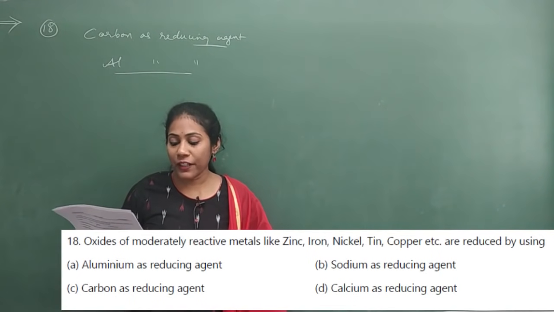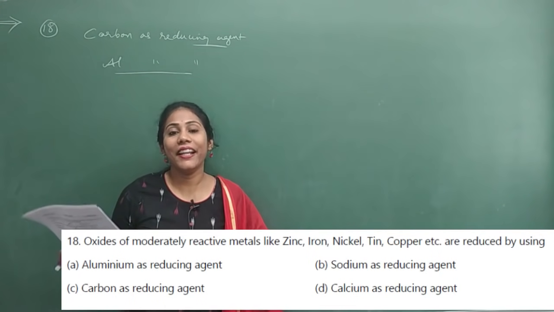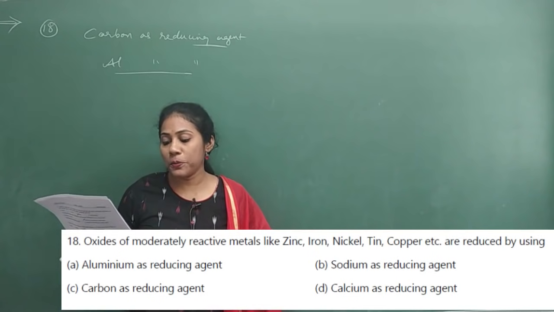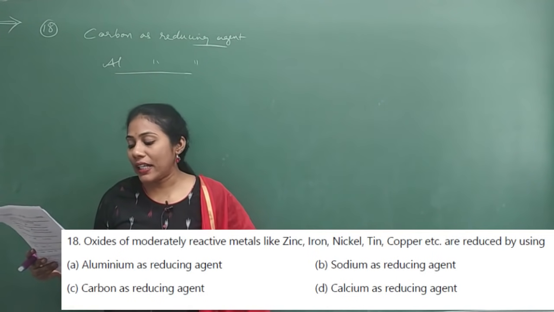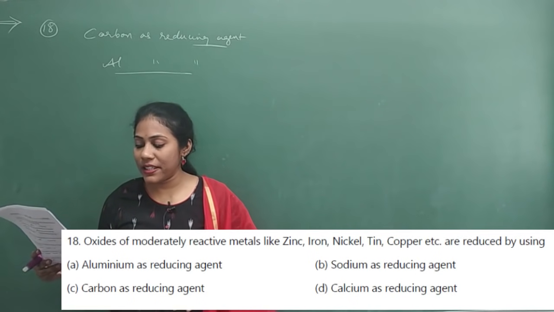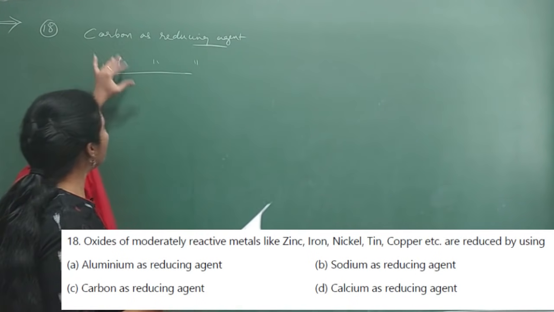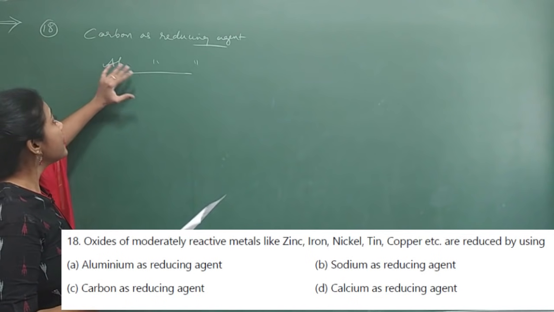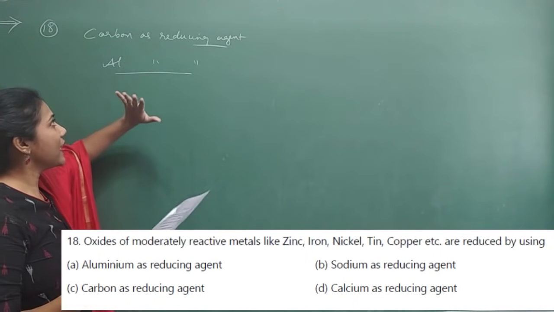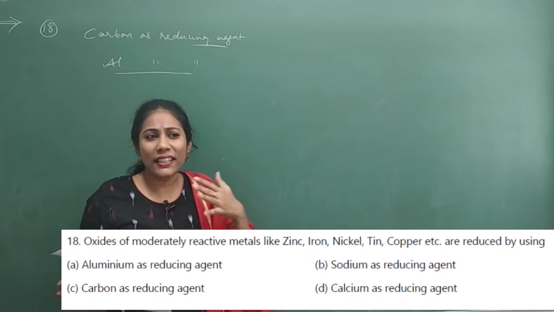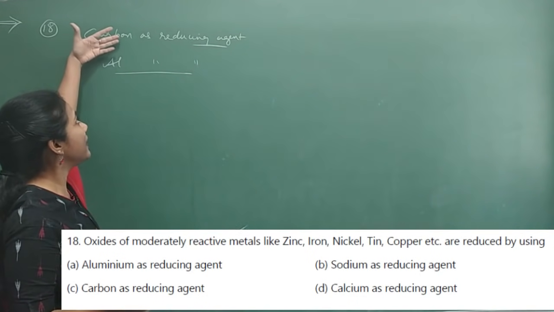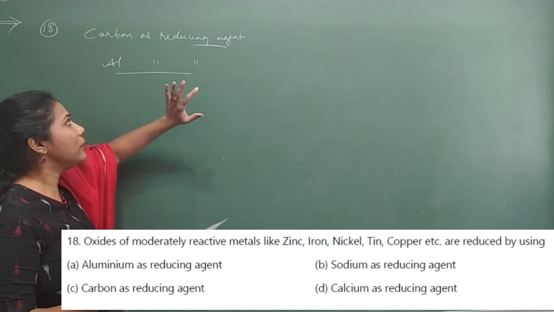So you will have a confusion between option A and option C, because you see the options: aluminium as reducing agent, sodium as reducing agent, carbon as reducing agent, calcium as reducing agent. So actually both are used as reducing agent. More than aluminium, in most cases, when you learn the metallurgy chapter in higher classes, you will understand why carbon is more preferred compared to aluminium.